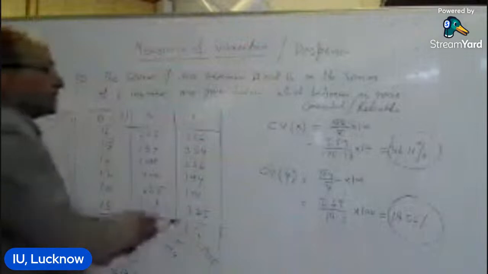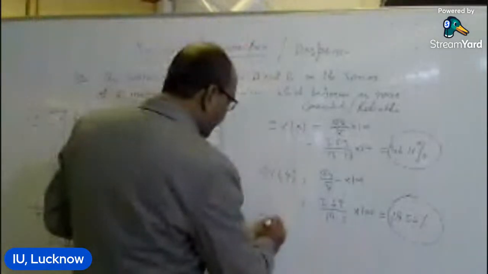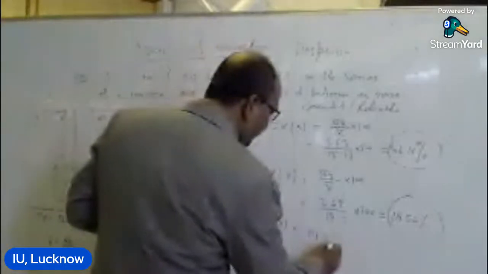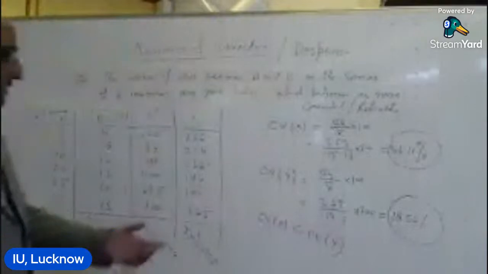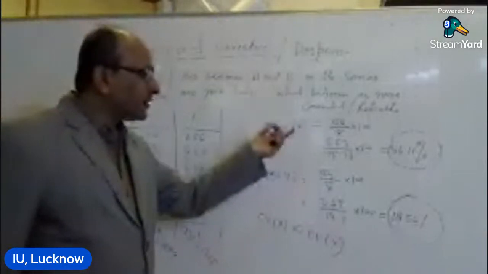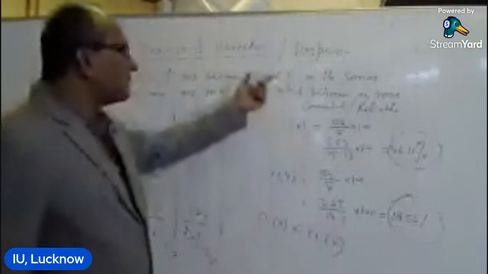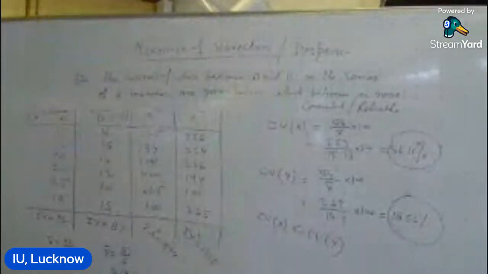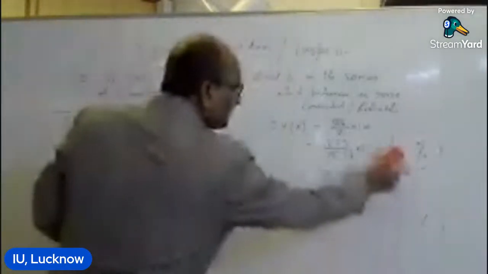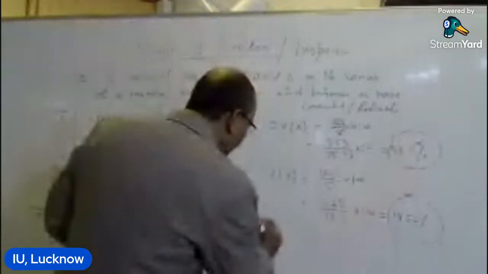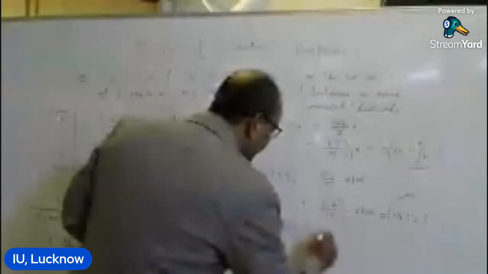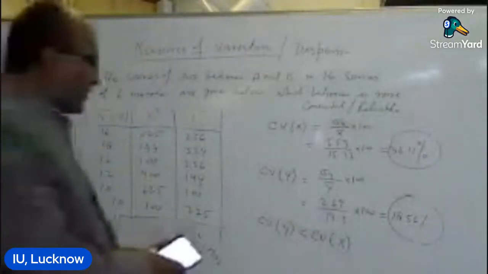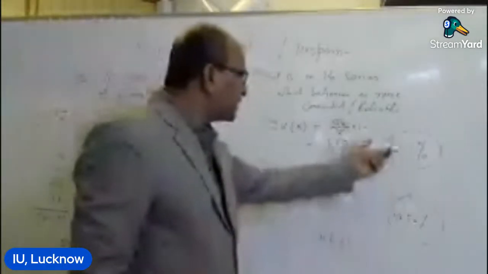The coefficient of variation for Y is 18%, which is obviously less than the coefficient of variation for X, 36%.